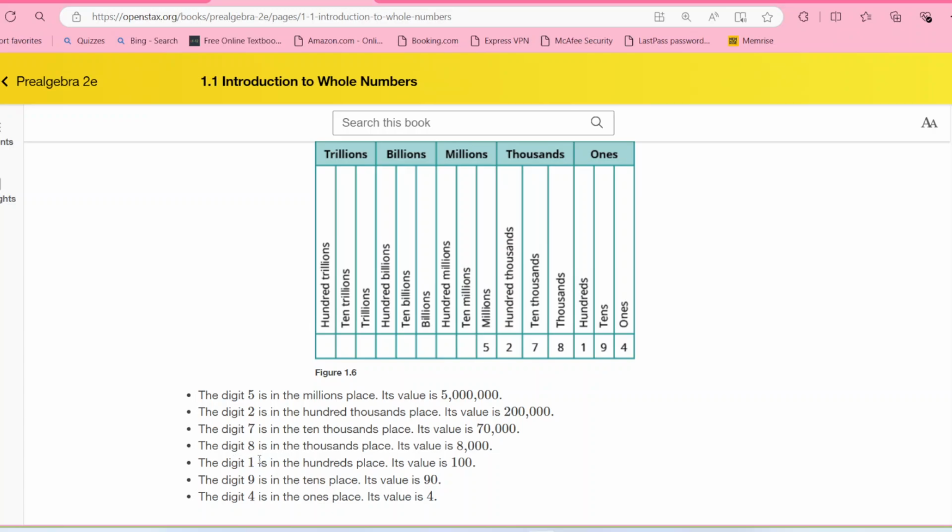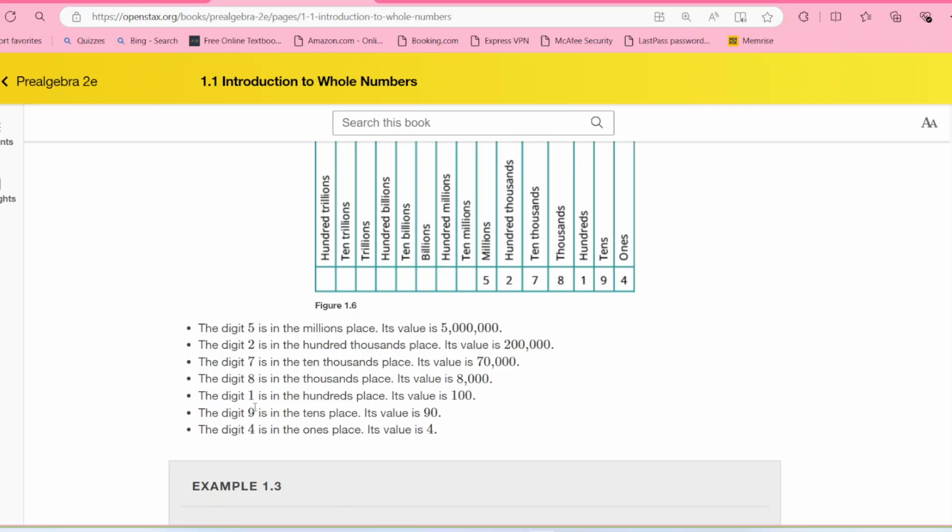The digit 8 is in the thousands place. Its value is 8,000. The digit 1 is in the hundreds place, so its value is 100. The digit 9 is in the tens place.